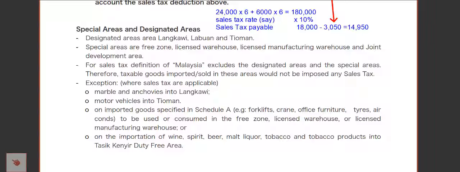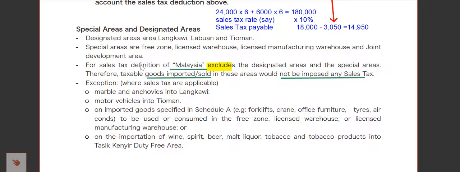Now the definition of Malaysia will exclude designated area and special area. So if you have any goods that you import or you sell to all these areas, they will not be imposed with sales tax, but not 100%.